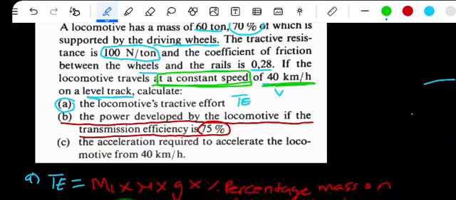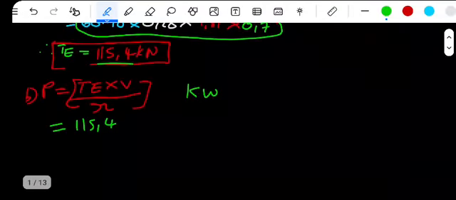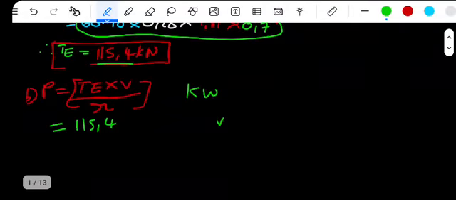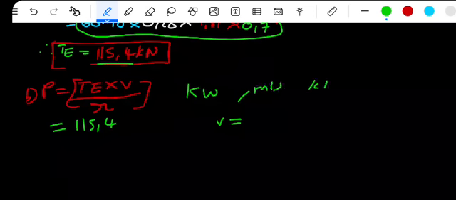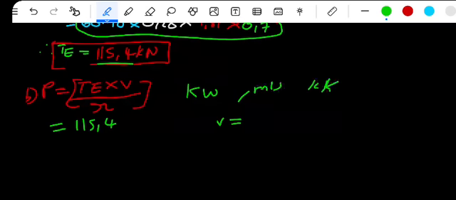Speed is supposed to be in meters per second, not in kilometers per hour. But we've been given kilometers per hour.